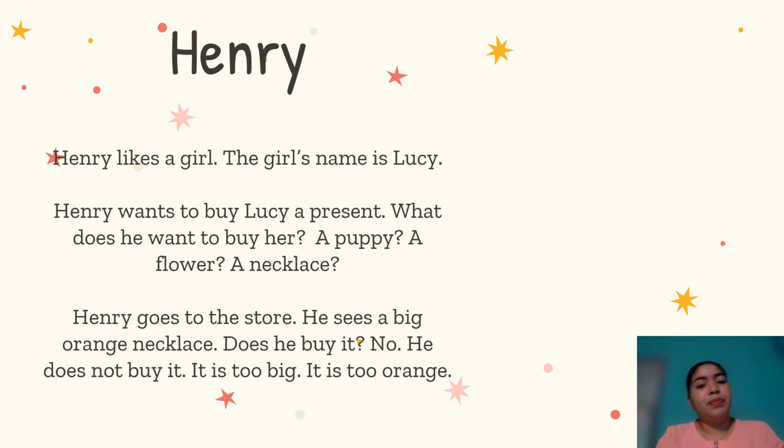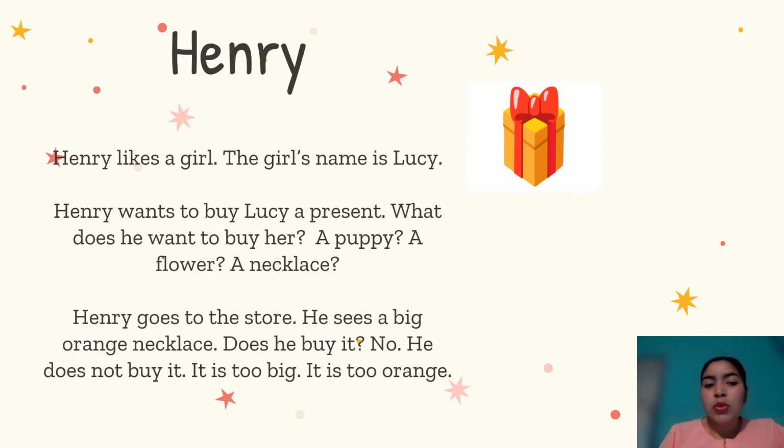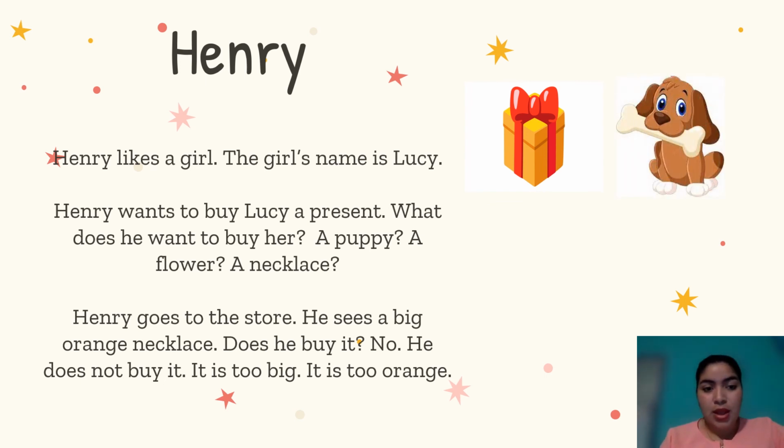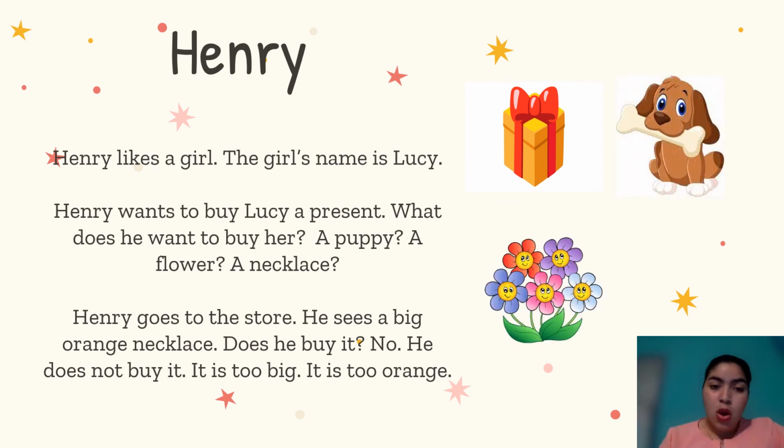For example, the girl's name is Lucy. Who is Lucy? Probably she is going to be a student of your group, of your class. So Henry wants to buy Lucy a present. What does he want to buy her? It can be a puppy, a flower, or a necklace.